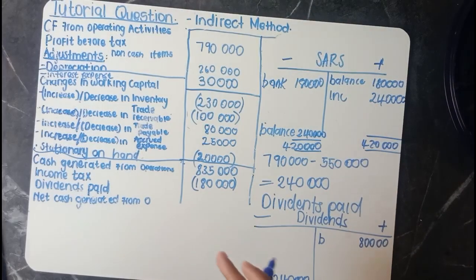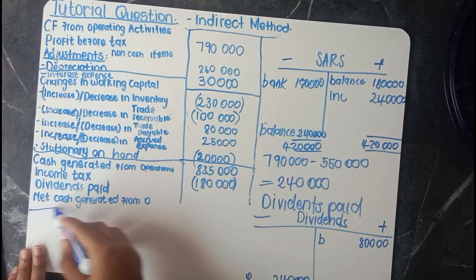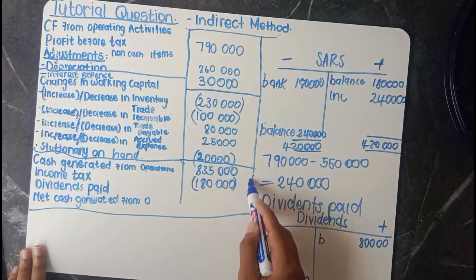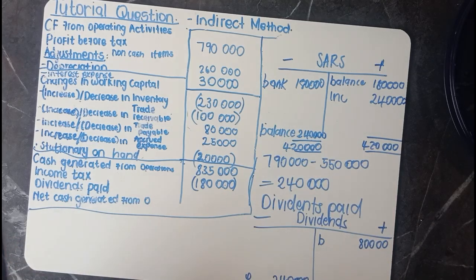Okay, let me explain this dividends thing. For dividends, remember that with a cash flow statement, we're looking for inflows and outflows. Because we declared last year, what we declared we will obviously pay at the beginning of the financial year, and then we're going to pay our interim, and then at the end of this year we're going to declare the final dividends, meaning we didn't pay the dividends at the end.